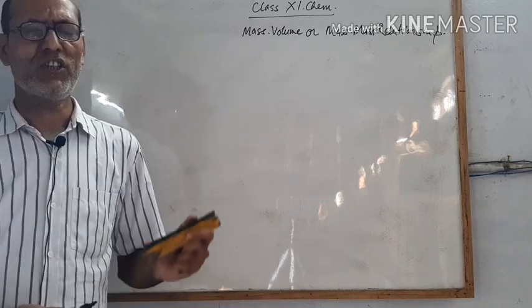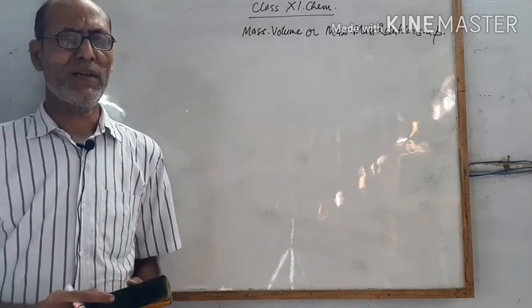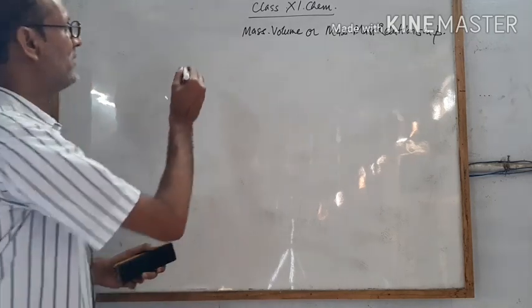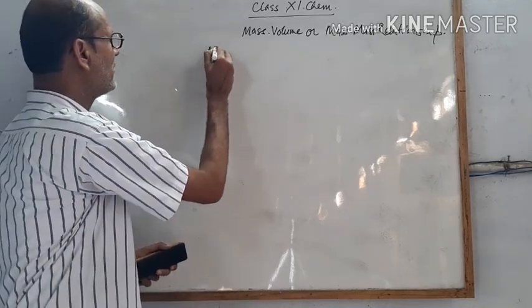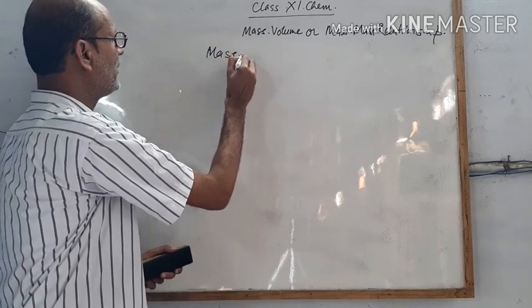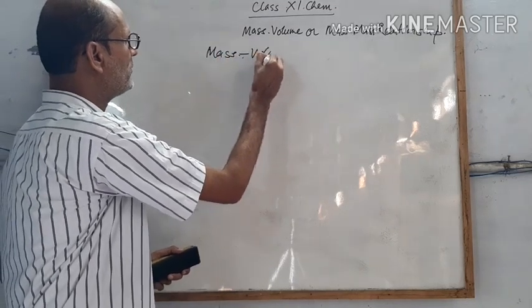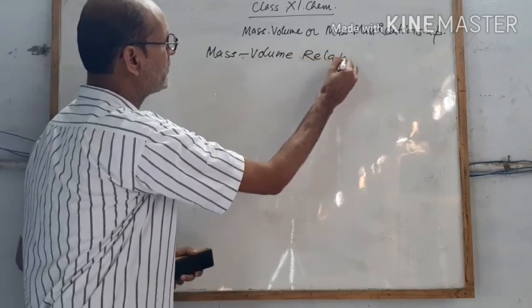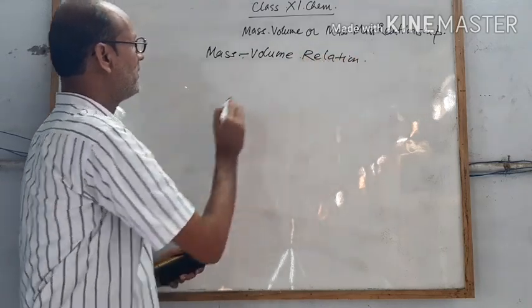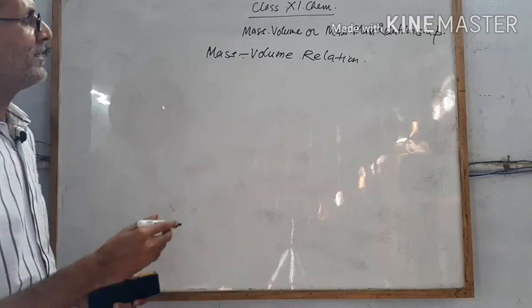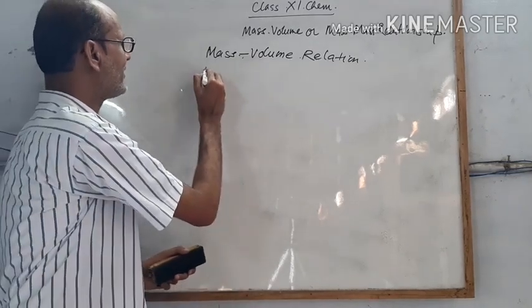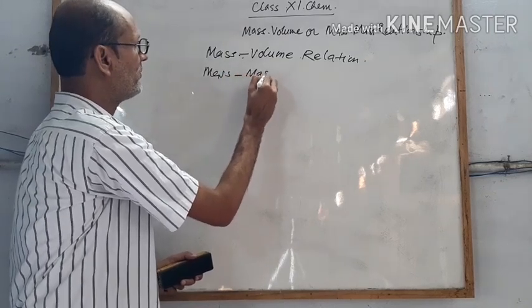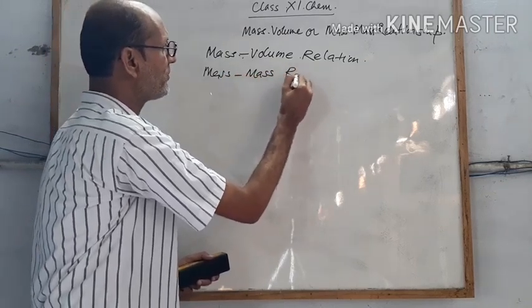So there are especially two types of numerical on the basis of reaction. One is mass-volume relationship. Number second, mass-mass relationship.